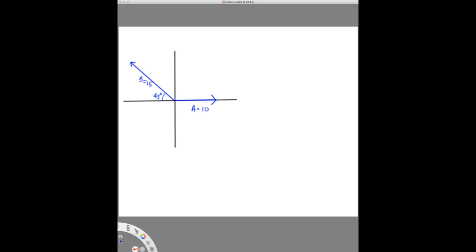So to find the sum graphically, it would mean just picking up A, copying it and pasting it, and moving it.